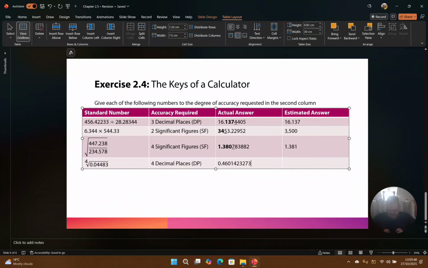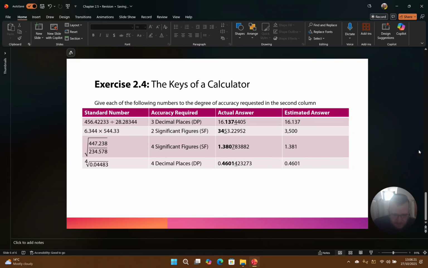And then, with that being said, let's turn the calculator off. We want 4 decimal places. With that 4 being the side where the 1's going to go. We'll do the 4, 6, 0, because they're 3. And the 4's less than 5, so then that 1 stays as it is. And that is the answers to exercise 2.4, revised, revisited, whichever you will.